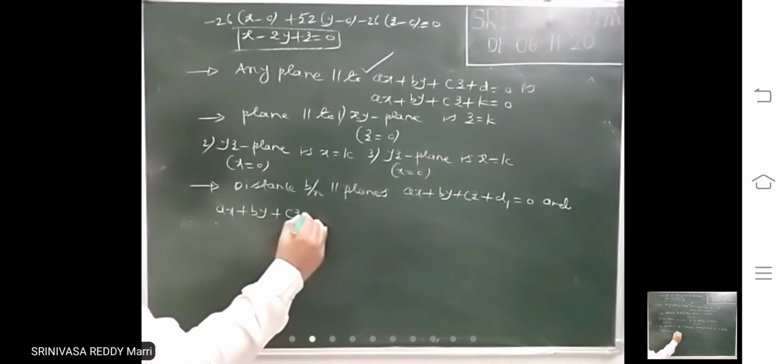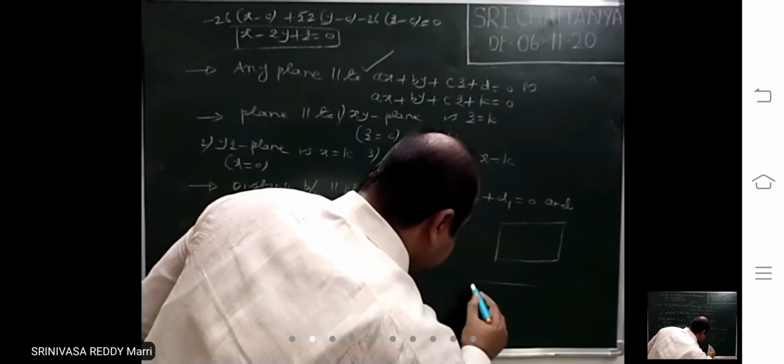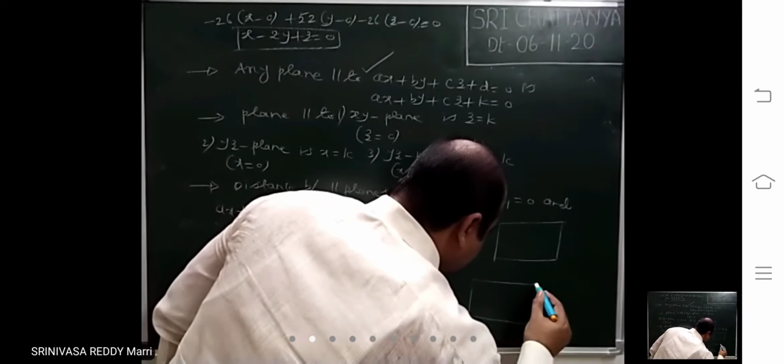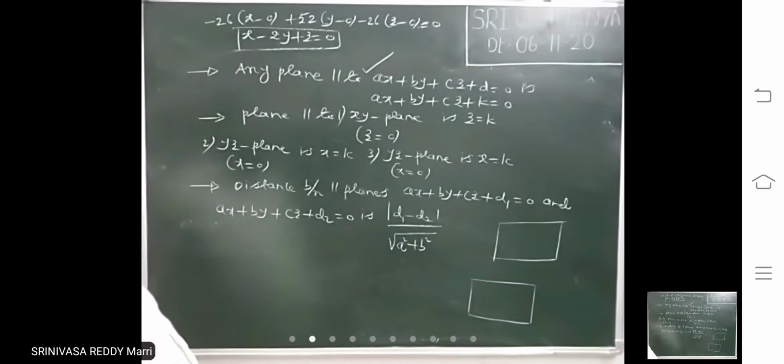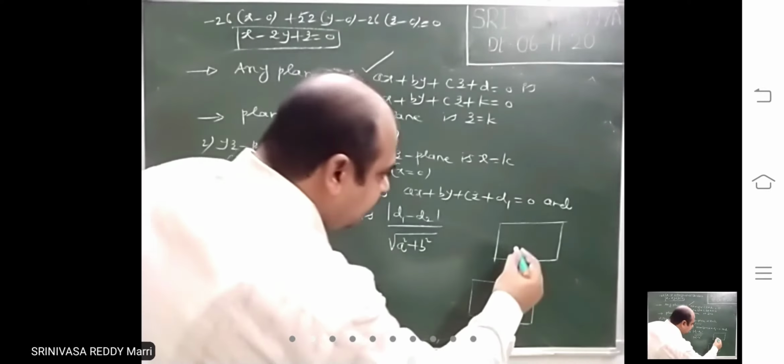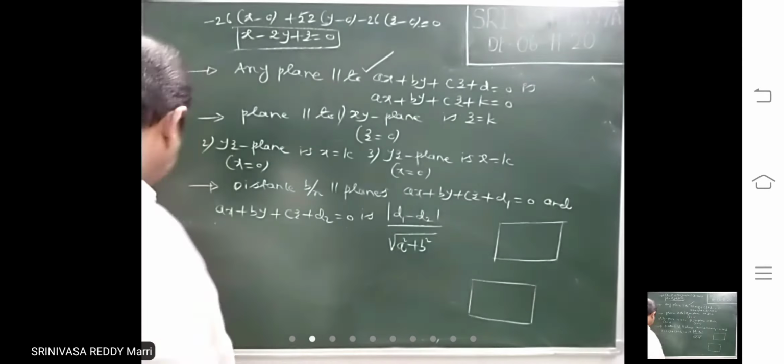Suppose look at what parallel planes distance means. Look, there are two parallel planes like this. Let us say ground face and top face. Let us say these are two parallel planes.